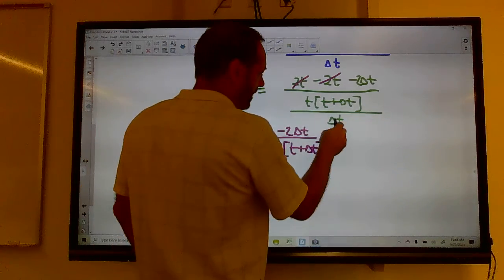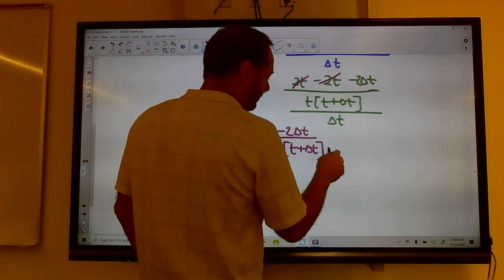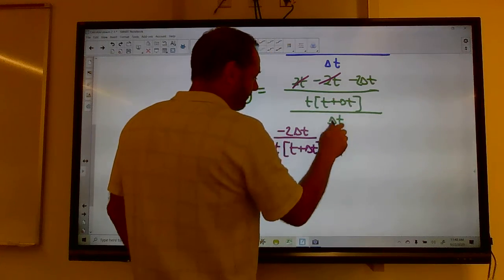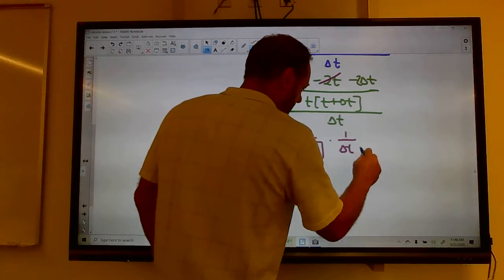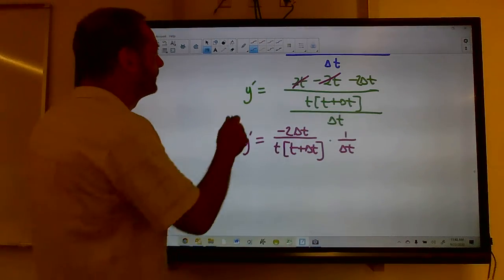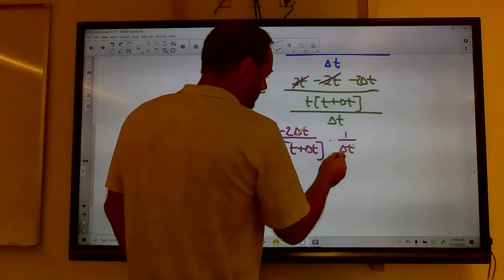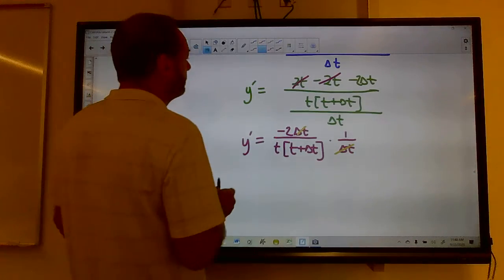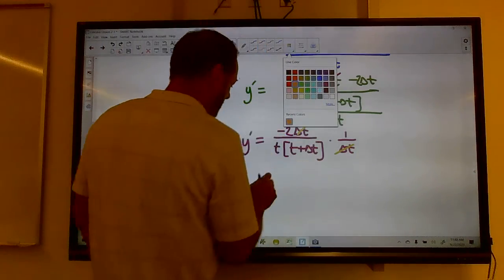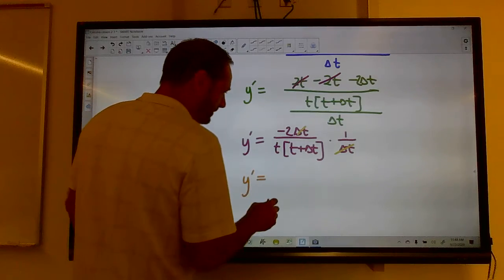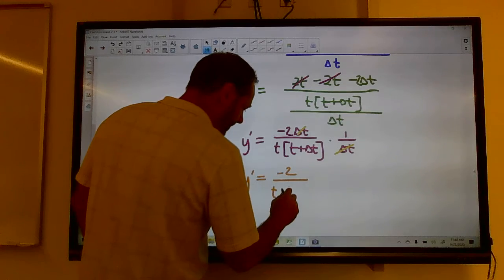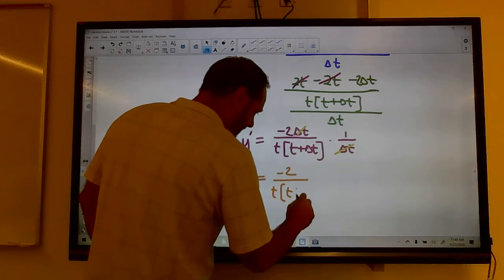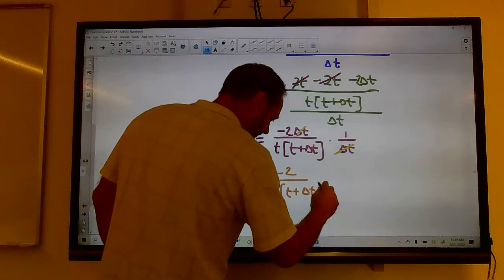Now this is just t delta t over 1, so I'm dividing two fractions, so I'm going to go ahead and invert that and multiply. And now my delta t's cancel out. And I get y prime is going to be -2 over t times t plus delta t.